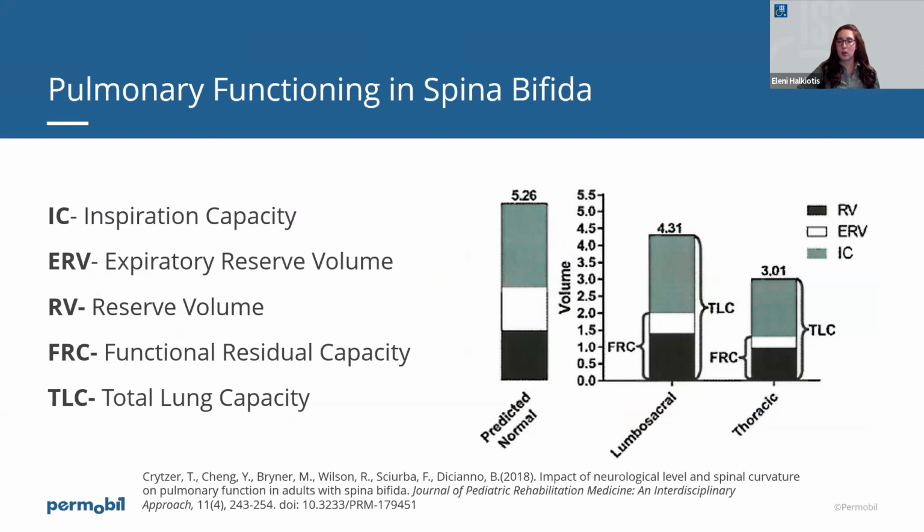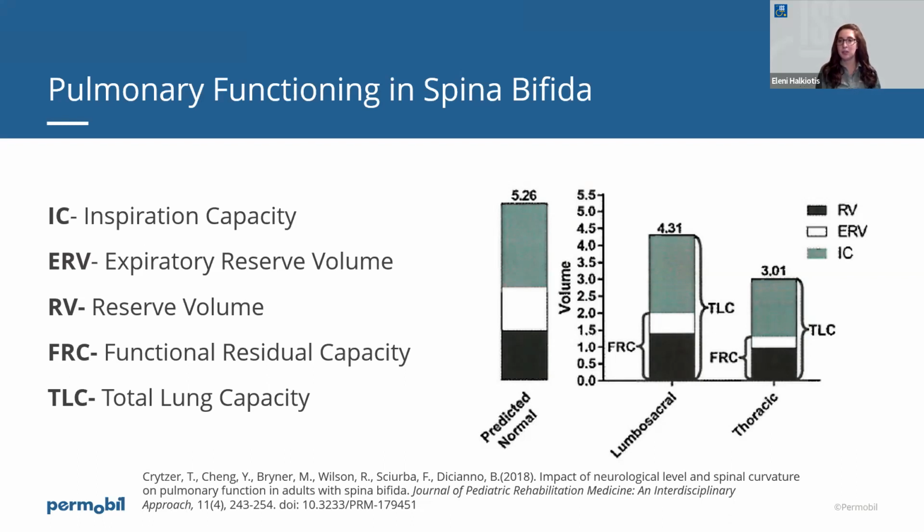The findings were divided according to level of lesion: study participants who had a thoracic level lesion versus those with a lumbosacral lesion, and both were compared to the predicted normal, people without a diagnosis of pulmonary dysfunction. What they saw is that the findings reflected what many of us would have expected.